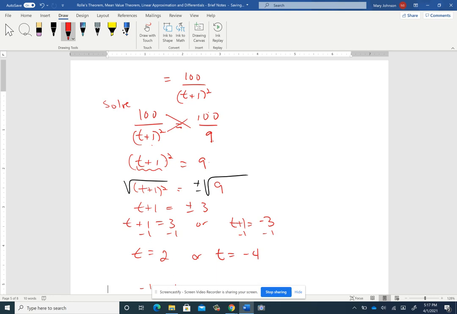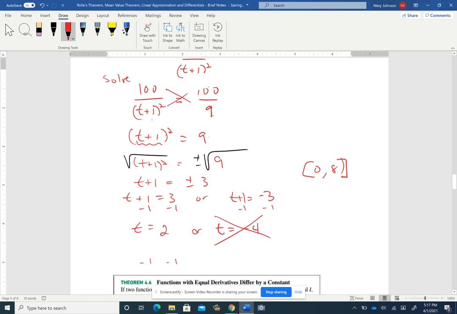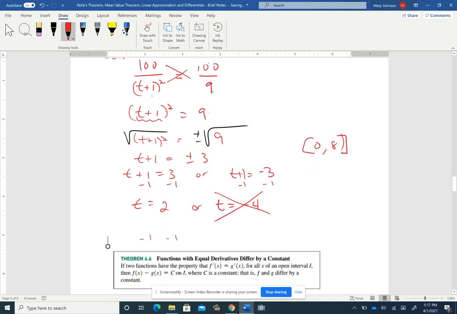Okay. So now we go back and we think about it. On that problem, the interval of interest was from 0 to 8. From 0 to 8. We didn't have it make sense when t was a negative 4 anyway, right?